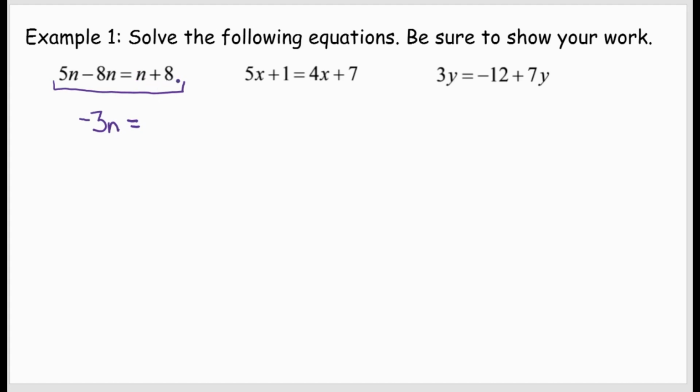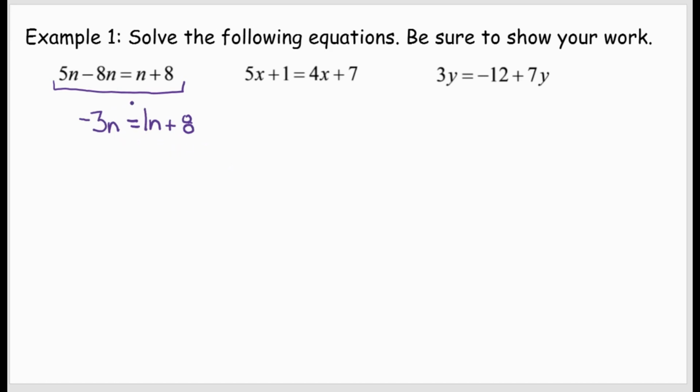Okay, now I look at the right side. n plus 8 has already been collected, so I'm just going to rewrite n plus 8. I'm also going to put a 1 for the coefficient in front of n. It's going to help me with moving the variable over to the other side. Okay, simplifying is done. Now add or subtract.